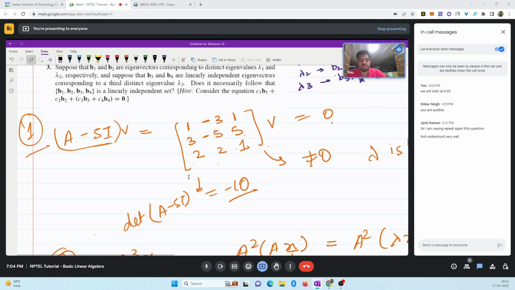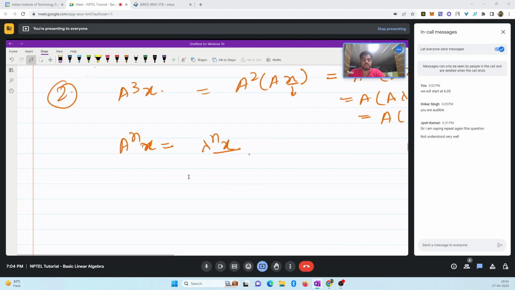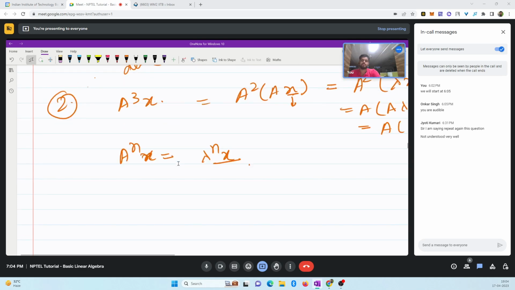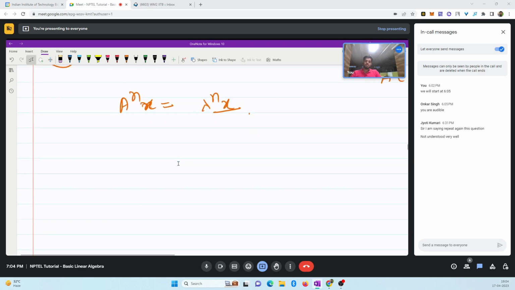We can use the same way that we used to prove that eigenvectors coming from distinct eigenvalues are indeed linearly independent. Okay, let's try this. Whatever we are given, we have written above. So let's say we have c1 b1 plus c2 b2 plus c3 b3 plus c4 b4 equal to 0.